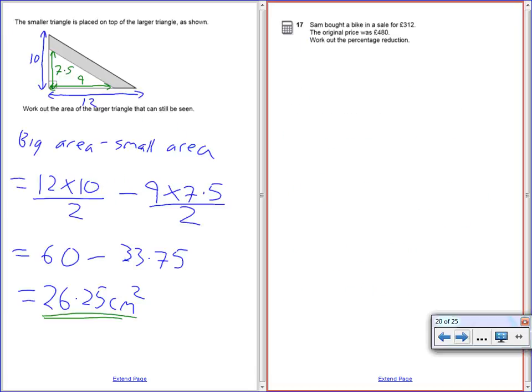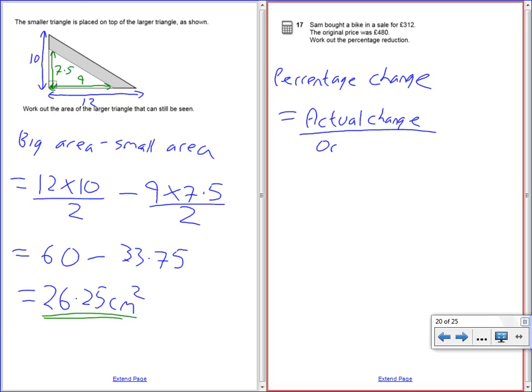Percentages question, working out a percentage reduction. To find percentage change, which is an increase or reduction, we need to find the actual change in pounds or weight, whatever the question might be in, divided by what it was originally, in pounds in this case, and then multiply that by 100.